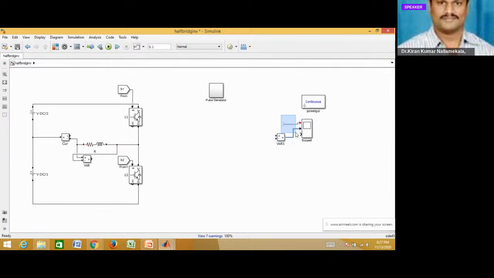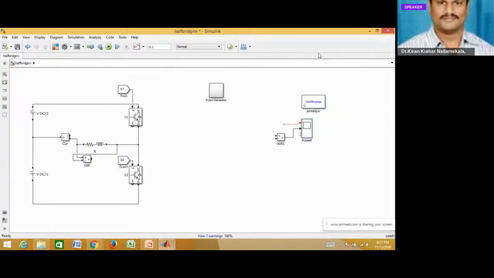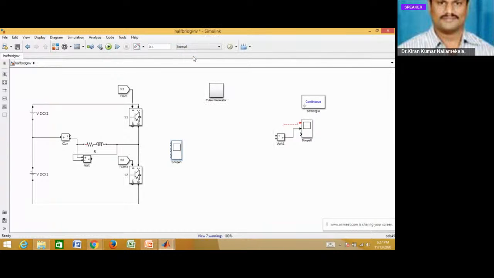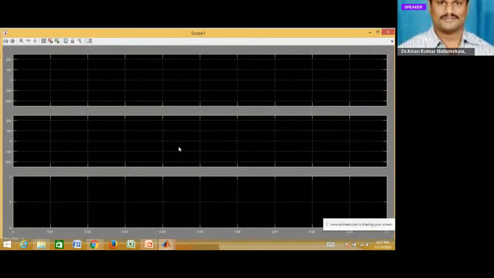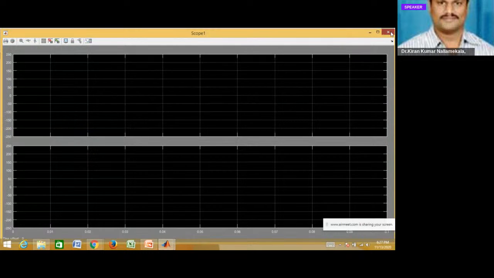So now you can take another scope, paste here. It requires two signals. One is for voltage measurement, second one is for current measurement.